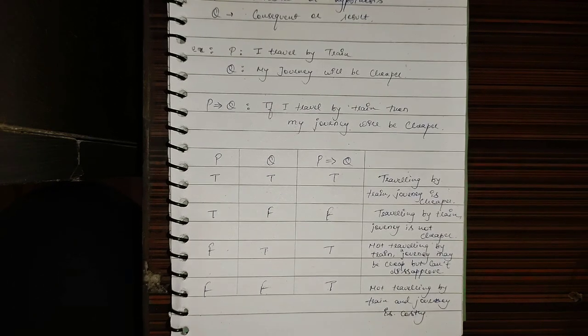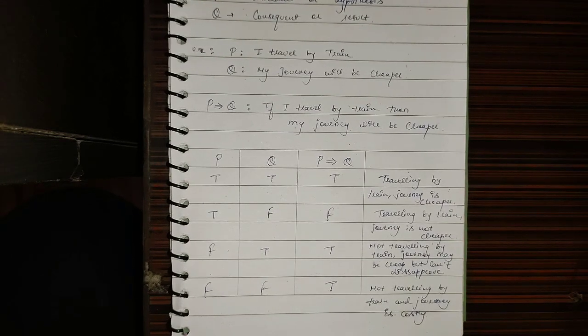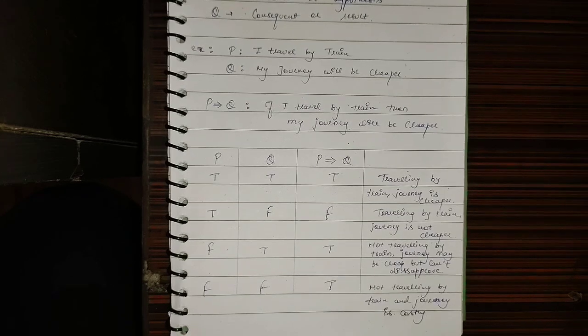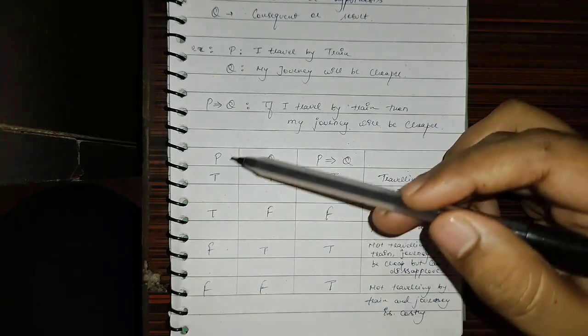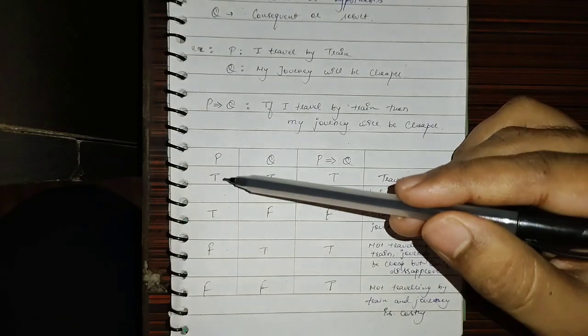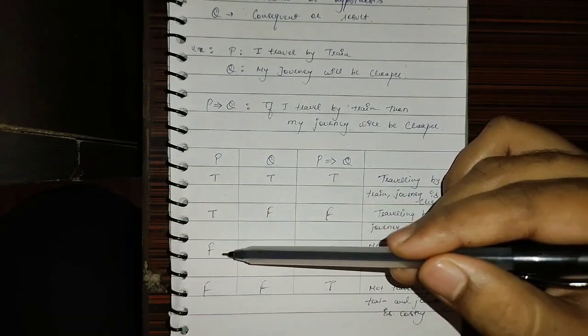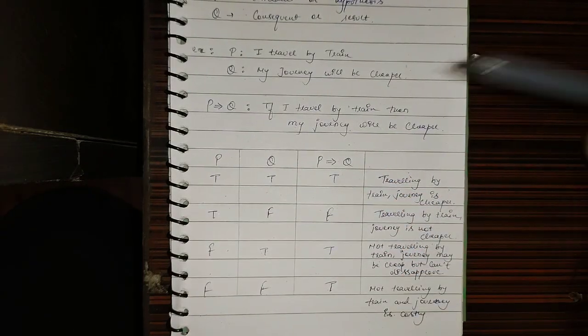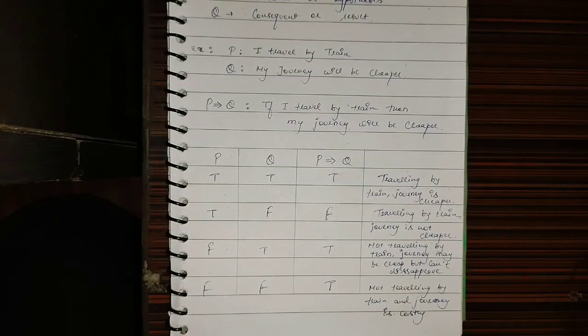So if we make a truth table using P and Q, as earlier we have used the truth values of P in the first column, where P is true, true, false, false, and Q can be true, false, true, false.